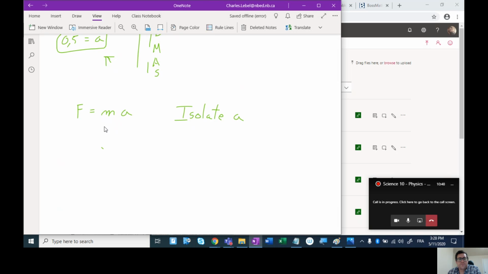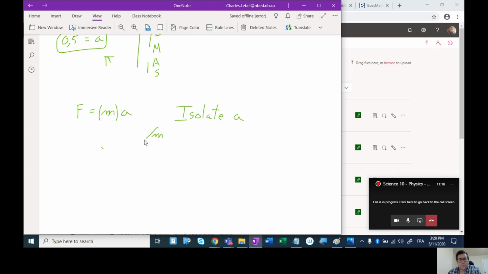And you'll notice that it doesn't really matter what the situation is, 1 kilogram, 4 kilogram, who cares? This is just about making a formula. So isolate A. So what's being done to A right now? It's being multiplied by M. We don't want that. What's the opposite of multiplying by M?